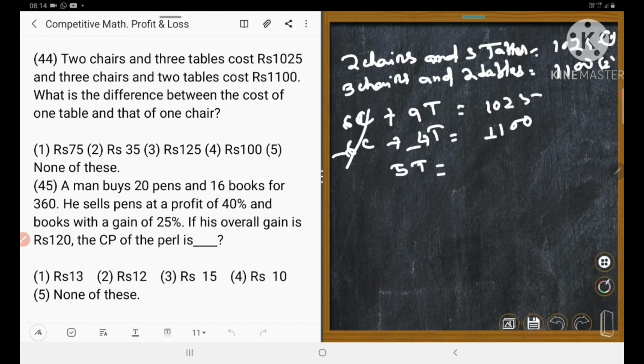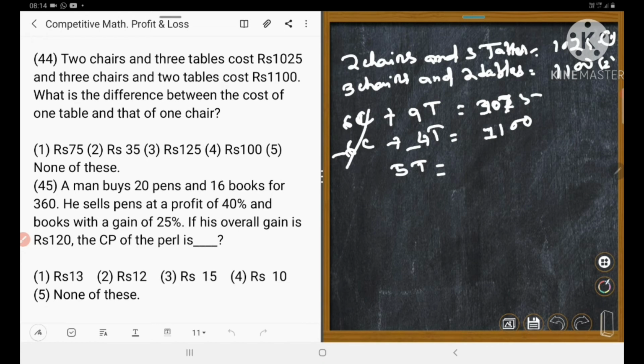5T is equal to how many? Tell me. Oh, sorry. We made a mistake. We multiplied the first equation by 3, so it should be 3075.